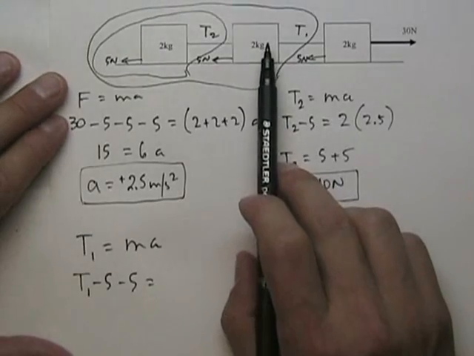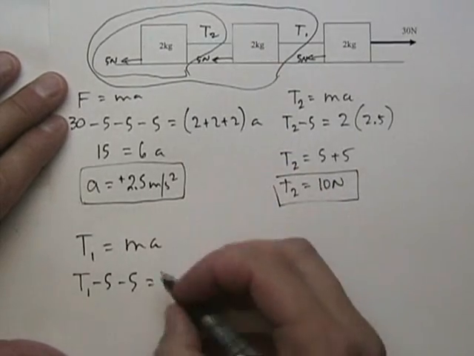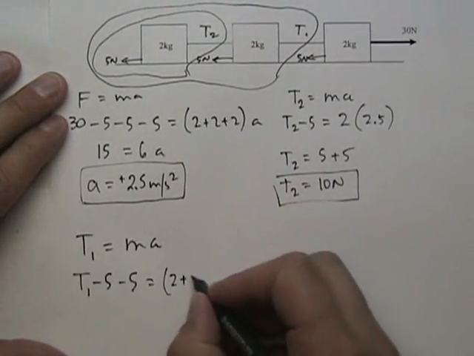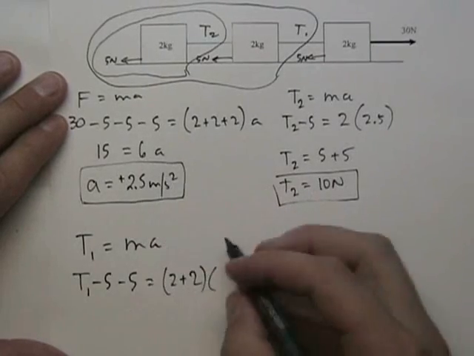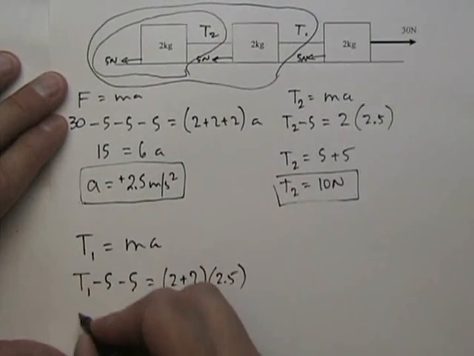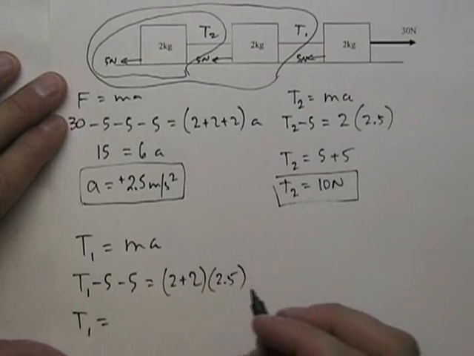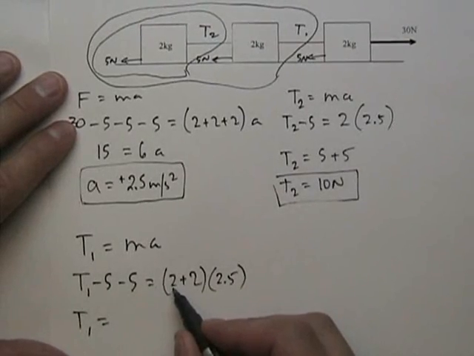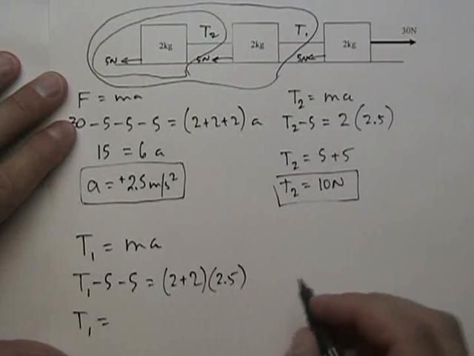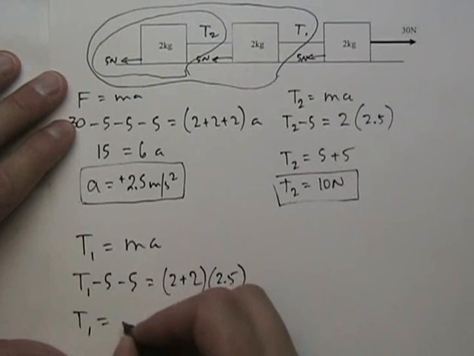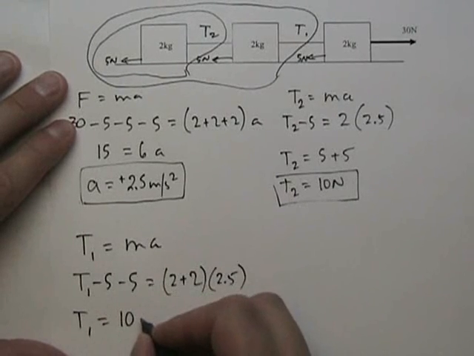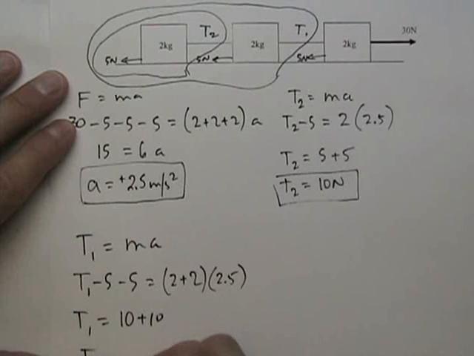My mass is 2 plus 2, and my acceleration is still 2.5. So tension 1 is going to end up being 4 times 2.5 is 10, plus 10, which is 20 newtons.